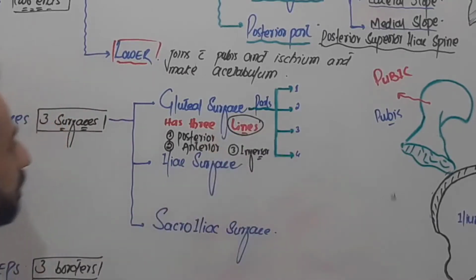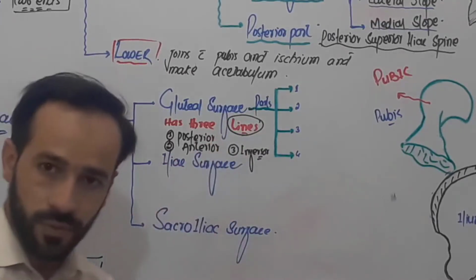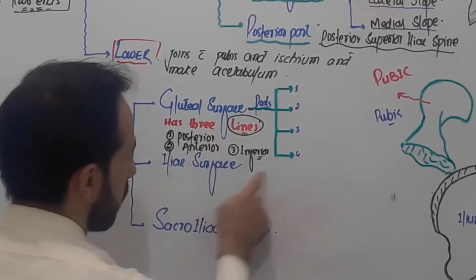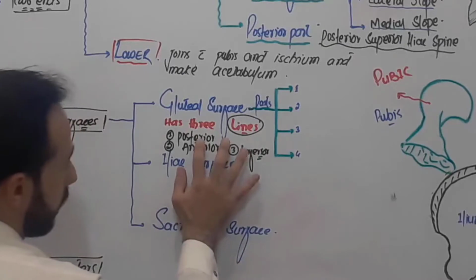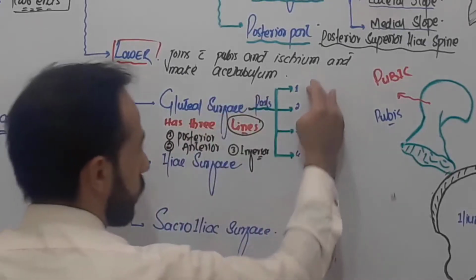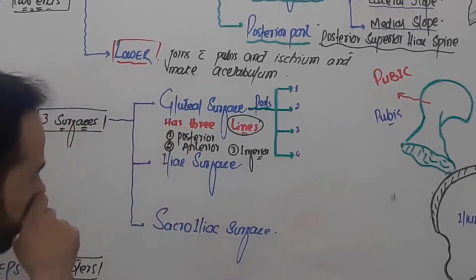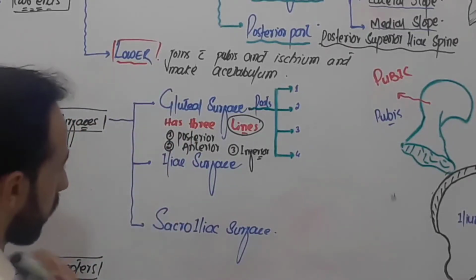So it has three important lines on its surface. I will show them there: the posterior line, the anterior line and the inferior line. These three lines divide the gluteal surface into four parts, and we will see these four parts when we discuss the bone, right friends?